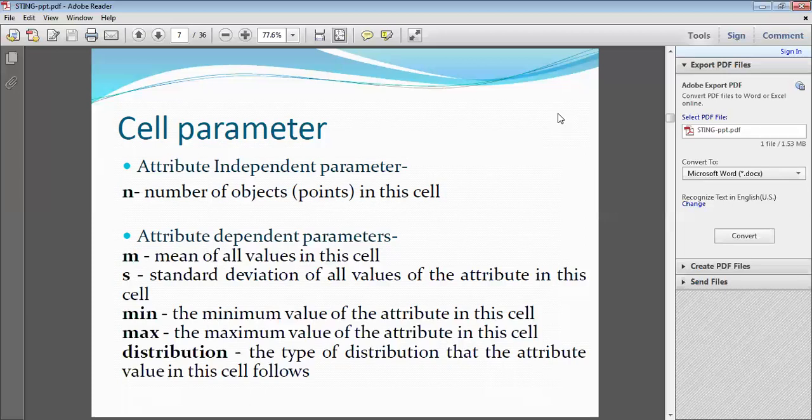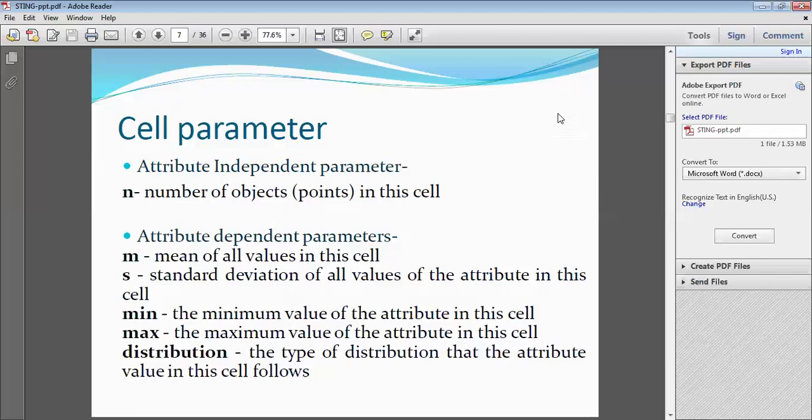So each cell holds 5 variables: n, the number of data elements; m, the mean of those data elements; s, the standard deviation of all the values in the set; min, the minimum value of the cell; and max, the maximum data value in the cell. For example, a cell has 5 elements: 1, 2, 3, 4, 5.